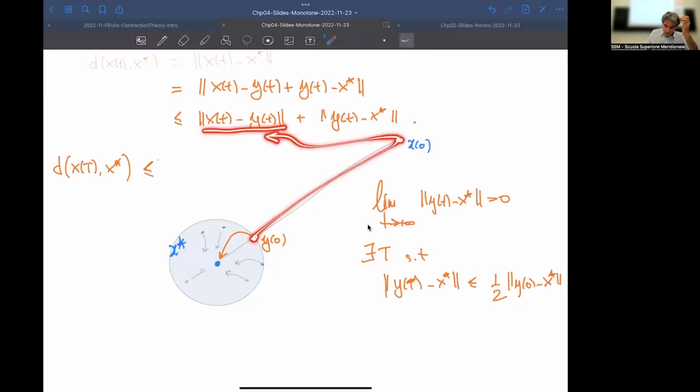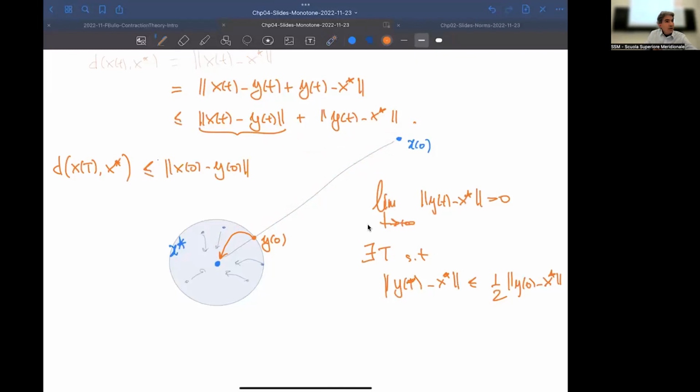X evolves, y evolves, but the distance between them cannot increase because the system is weakly infinitesimally contracting. So the first term is upper bounded by its initial value, x at 0 minus y at 0, because of the infinitesimal contraction. And the second term has become equal to half of its initial value, 1/2 of y at 0 minus x star.